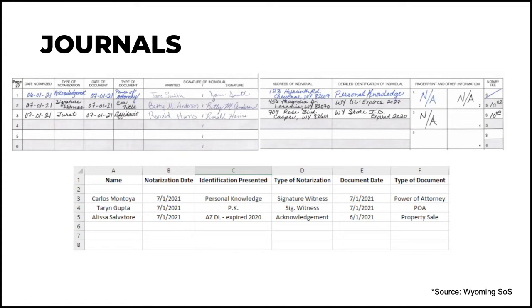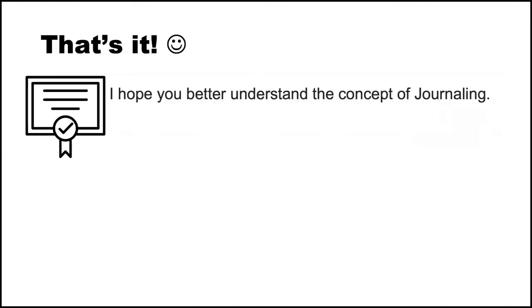As long as it meets or exceeds your state requirements and does not break their guidelines as far as what they do not want you to capture, then you are 1,000% golden. You do you. All right. So that is it. I hope you better understand the concept of journaling. We'll get into more advanced examples and whatnot in future series.